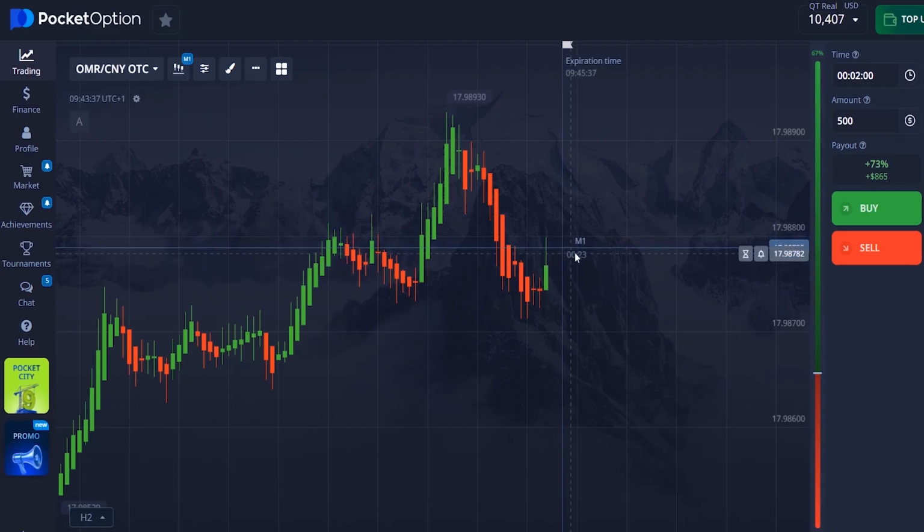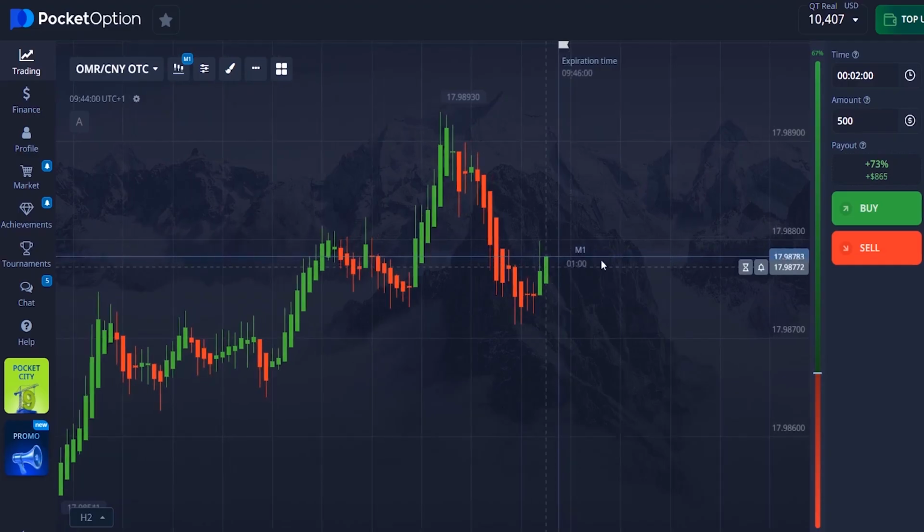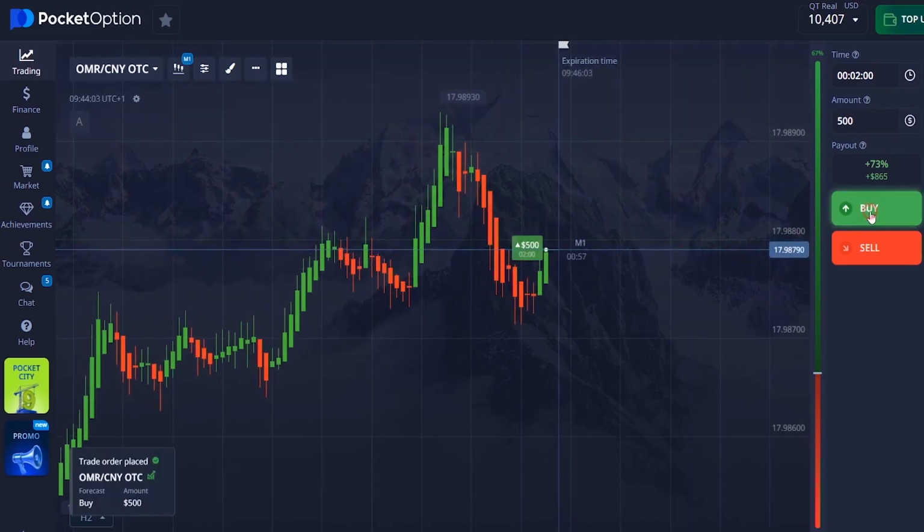I have to wait for the next candlestick to confirm the move if I can actually go for it. So right here, I can go for it.